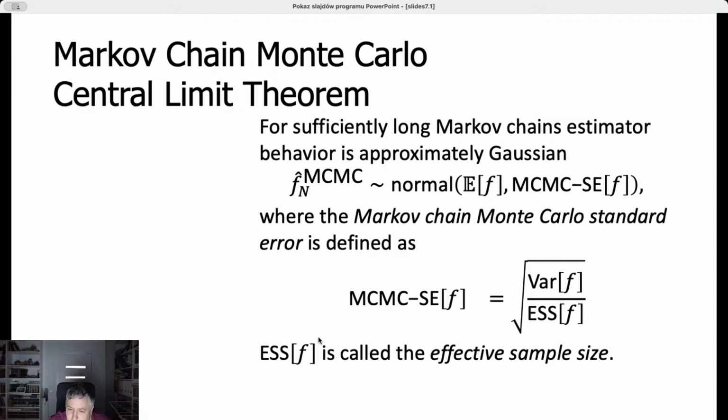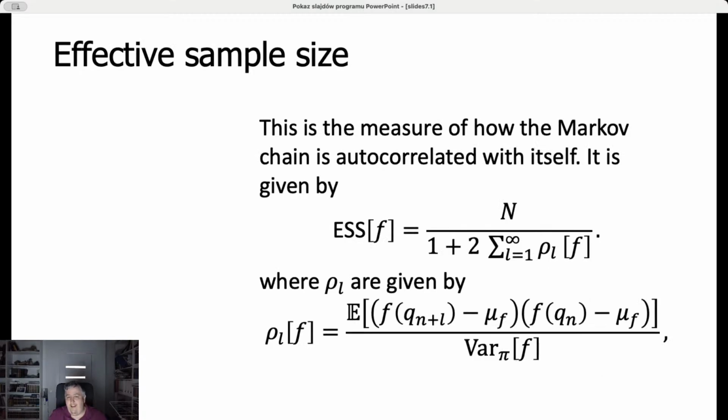However, in case of Markov chain Monte Carlo, instead of n, we have something called ESS, that is effective sample size. And effective sample size is a measure of how the Markov chain is autocorrelated with itself. And it is given by n divided by a certain sum of autocorrelation coefficients of the Markov chain.